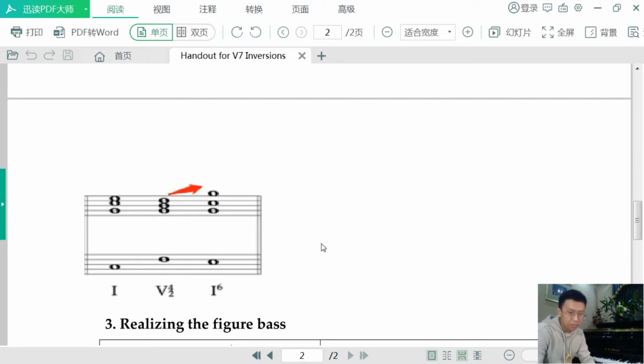However, there is one exception: the fifth of the 5-4-2 can leap up by a perfect fourth interval. The soprano, which is the fifth of the 5-4-2 chord, leaps a perfect fifth in the soprano. So that's what we talked about for the inversions.